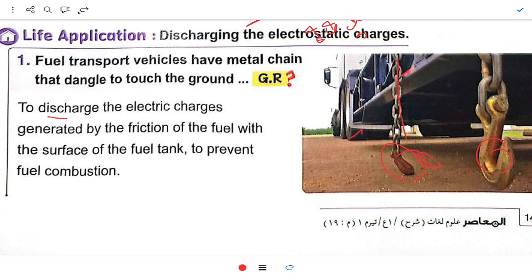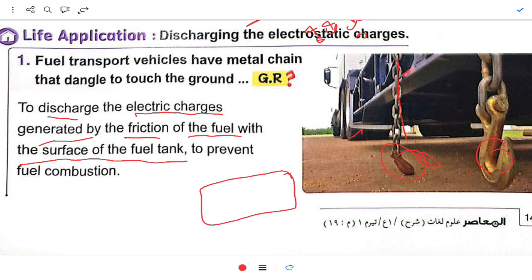To discharge the electric charges generated by the friction of the oil with the surface of the oil tank, to prevent oil combustion. This vehicle has an oil tank with oil in it. This oil will make friction on the inner surface of the tank.